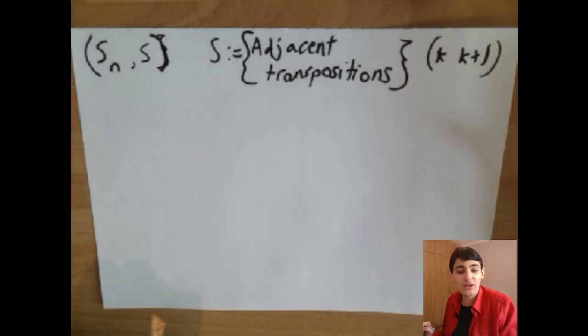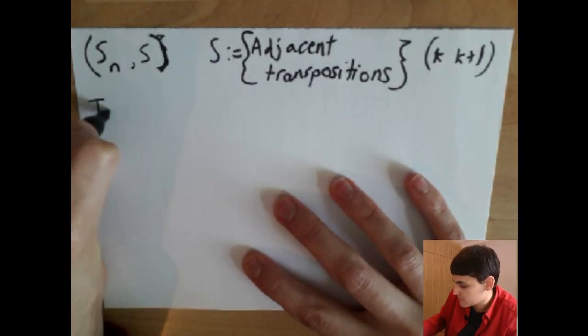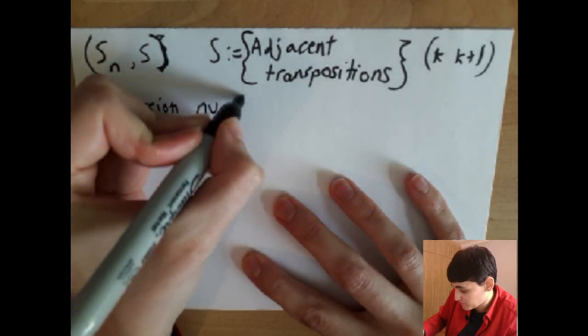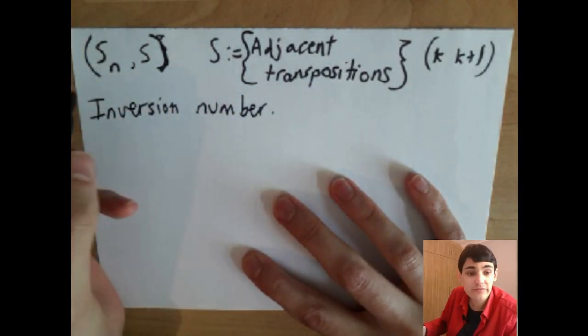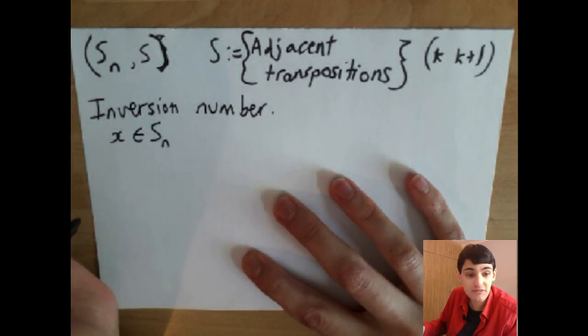But now what I want to do is define something called the inversion number. So let x be in Sn.